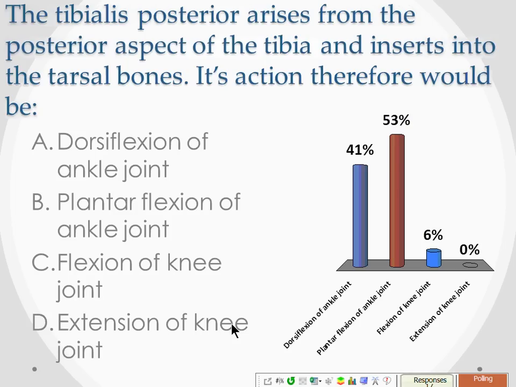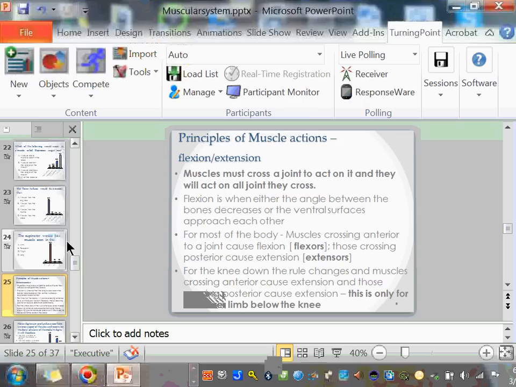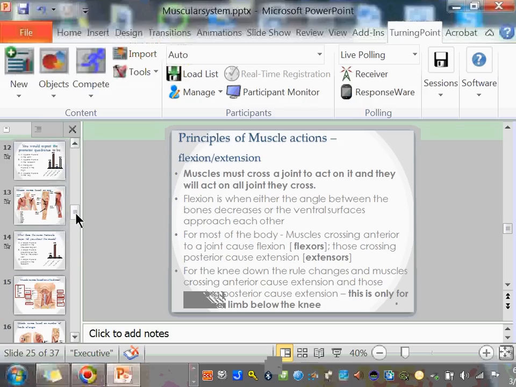Okay, well, majority got it right. Yes, plantar flexion of the ankle joint. It's not going to act on the knee at all because it's arising from the tibia. It's not from the femur. And again, remember, this was exactly similar to this, which was showing you this.